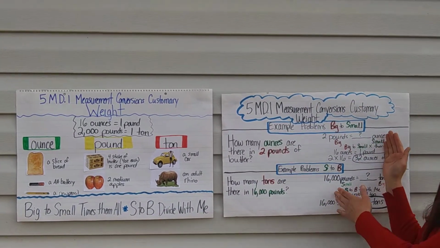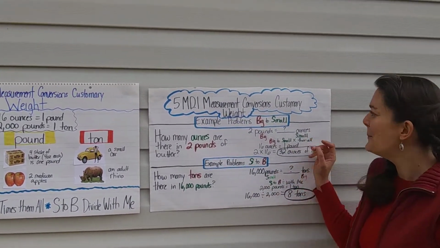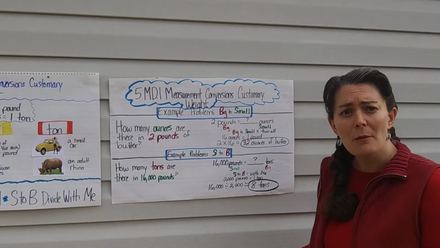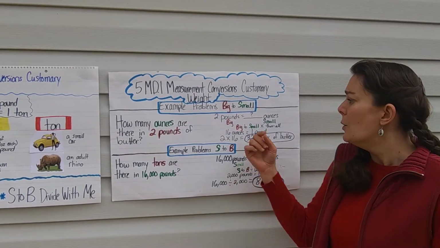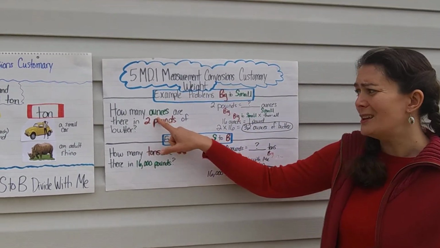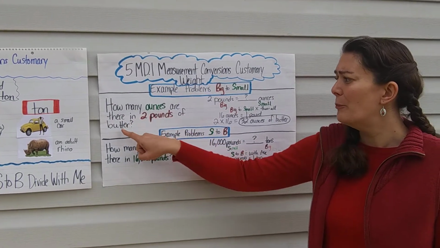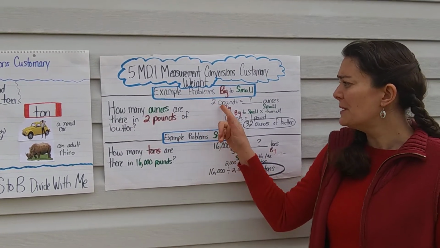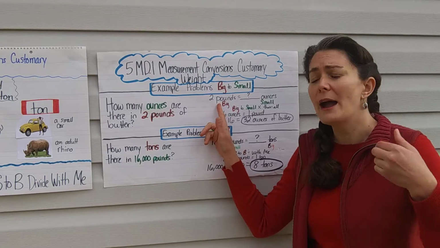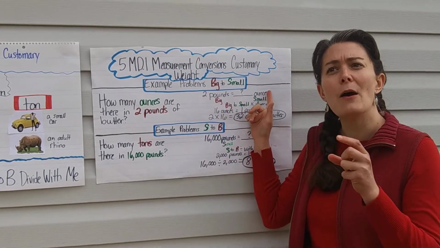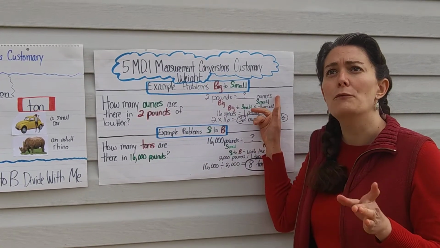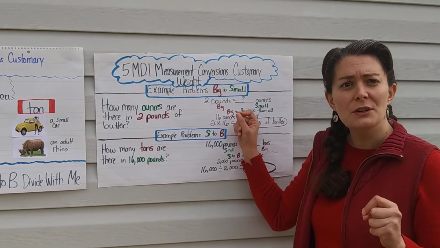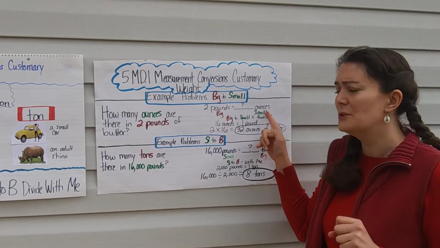Can you see this good in the video? Here are some example problems of how you would apply big to small or S to B. How many ounces are there in 2 pounds of butter? First thing I ask myself is, what am I solving for? I have 2 pounds, that equals how many ounces? So I'm solving for ounces. Which unit is bigger? Pounds are bigger than ounces.